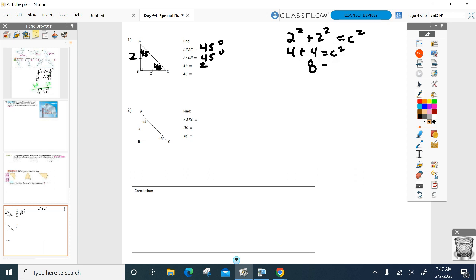8 equals C squared. And since we are in an above average math class, go ahead, break it down for me. What's 8 broken down? Square root of 8 broken down.